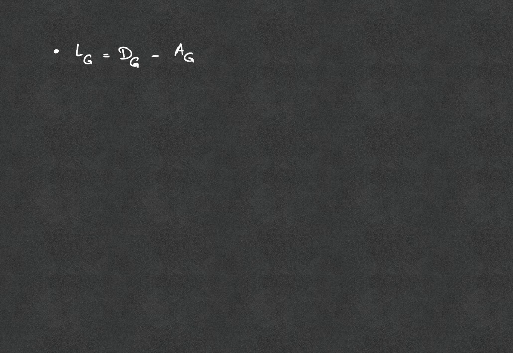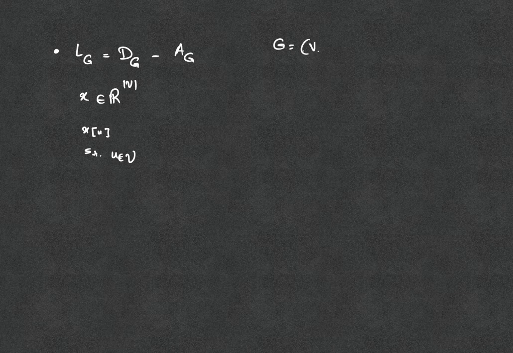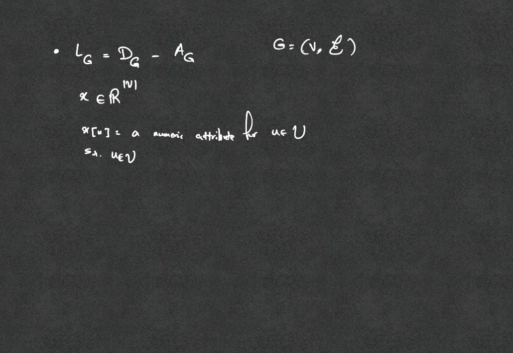Now one question is, if you have a vector X, which is a member of R^V, and X for node U, such that U is a member of the graph's nodes, this value indicates a numeric attribute for node U, which is a member of the nodes of G.